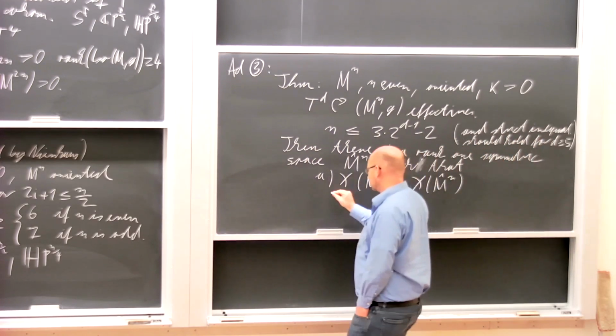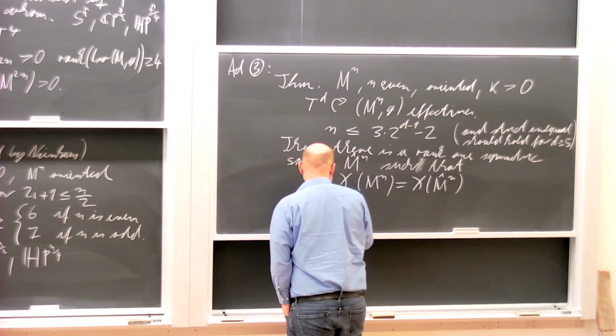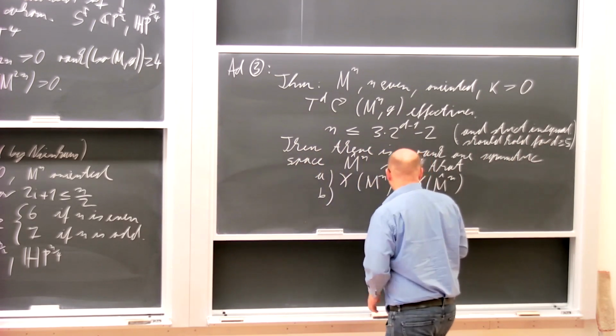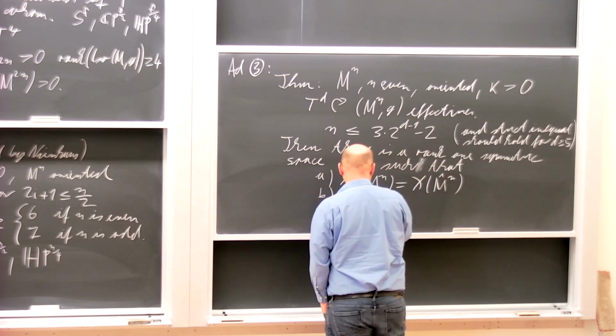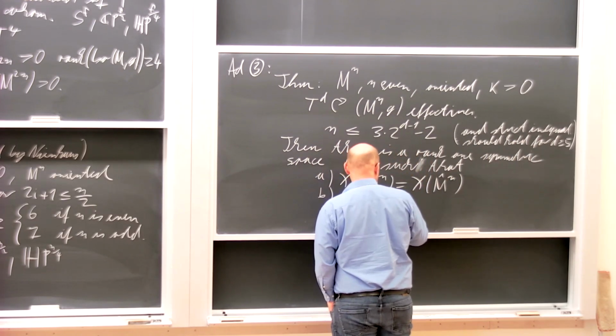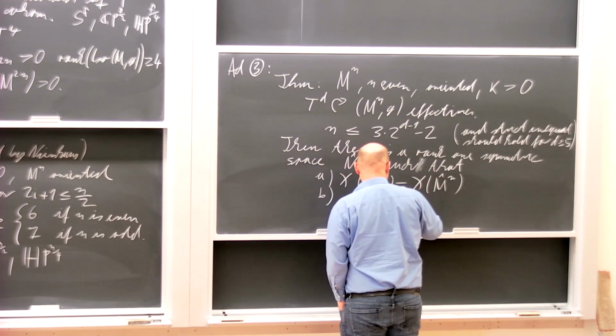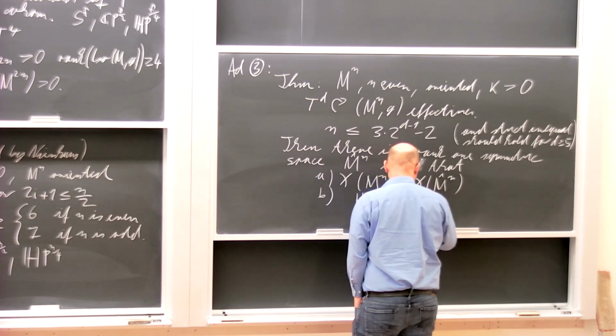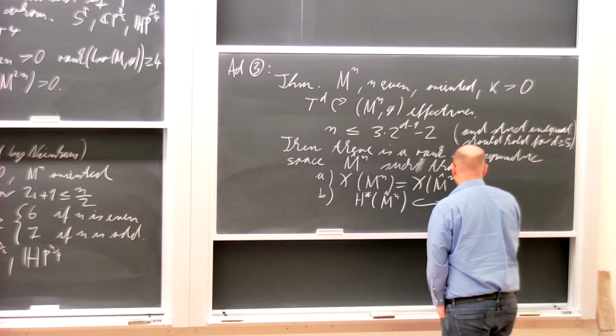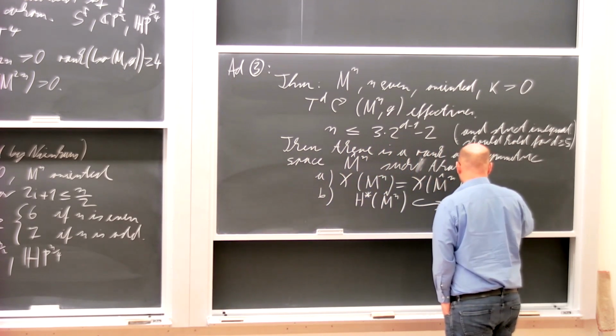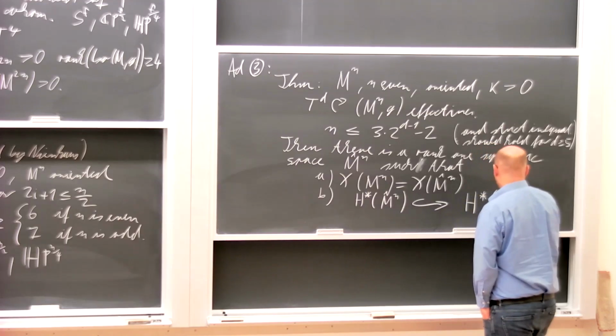Second, the cohomology ring of the rank 1 symmetric space injects into the cohomology ring of M^n.